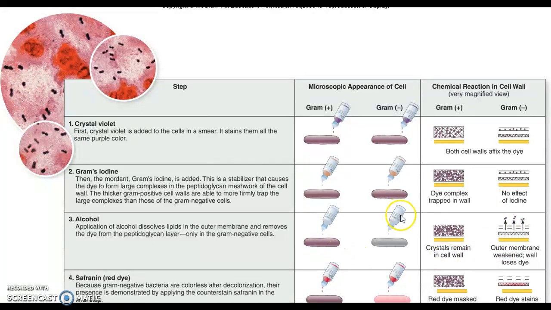So after the decolorization step, then we add a second dye, safranin, which is a red dye, and our gram-positive cells remain purple. The dye fixes to the peptidoglycan, but that violet-purple color overshadows the red. However, the gram-negative cells are stained red. Since the color was removed, that colorless cell is going to accept that red stain.